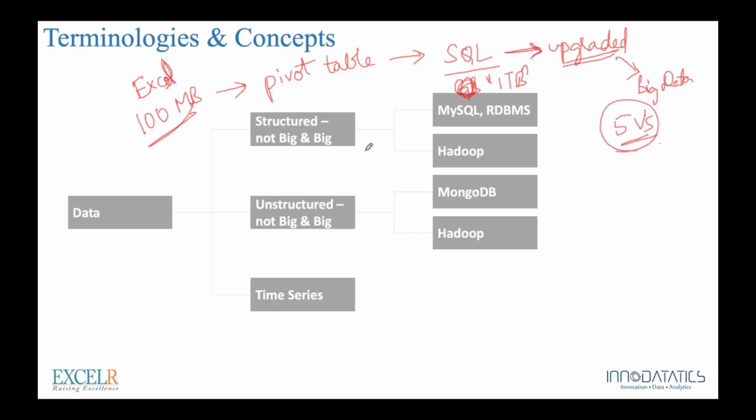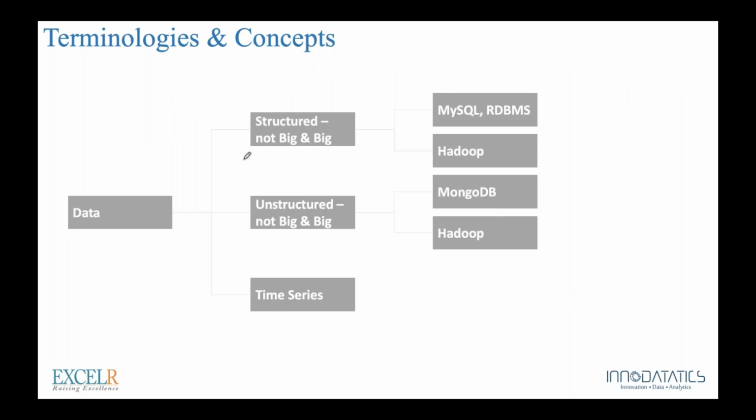But that aside, any data which you are not able to save on your machines, and any data on which you are not able to do your work. For example, you need to send a daily report on how sales were for the different categories, and if you use your MySQL, if your system is crashing or not generating reports on time, if it's taking 3 hours, 4 hours to generate a simple report, that means you have entered into a big data problem.